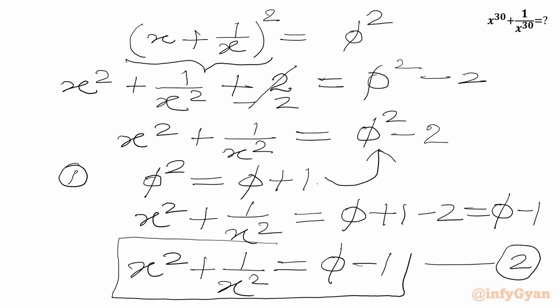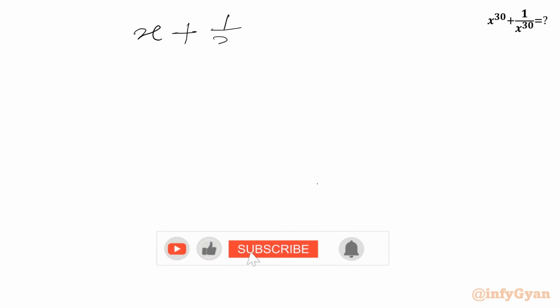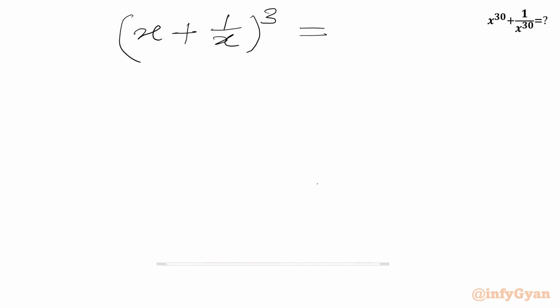Now I will consider the same equation once again for cubing. So we'll write here x plus 1 over x whole cube this time equal to φ whole cube. Here we have to use a plus b whole cube identity.